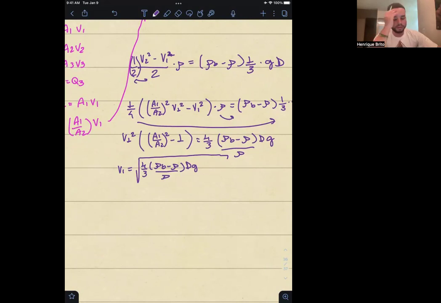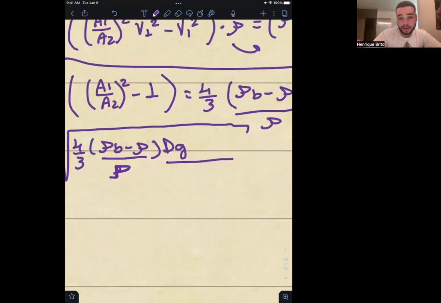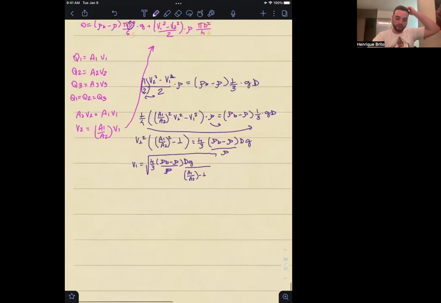I think it's easier if I just divide this side, which is pretty much the same thing, right? All right, so this is our velocity, but we do want to associate that with height.